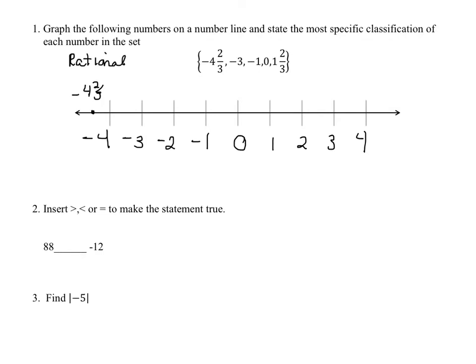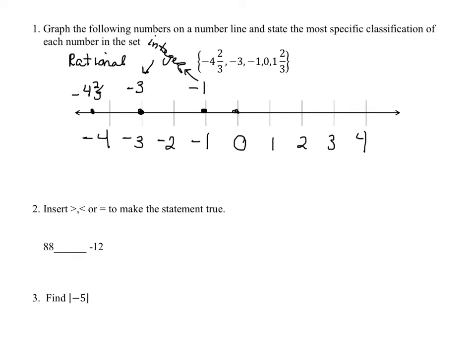Okay. -3 is right here. I'll write -3 above it again. And the most specific for -3 would be integer. -1, I don't know why I did that one, but here we go. -1, again, would have a classification of integer.